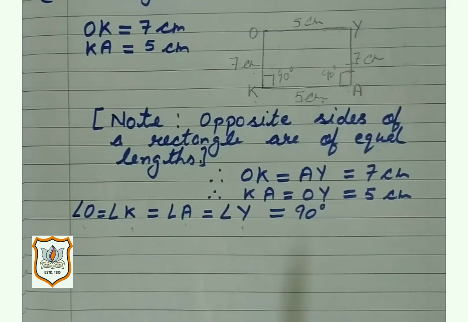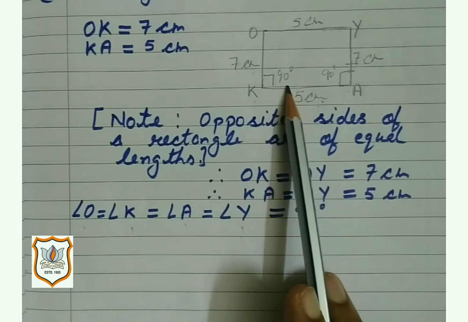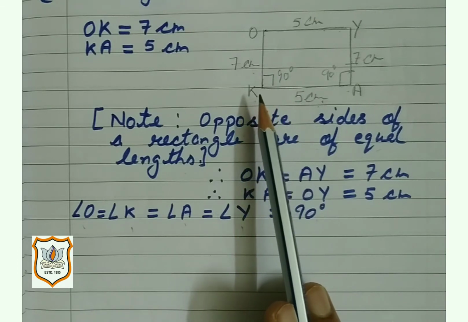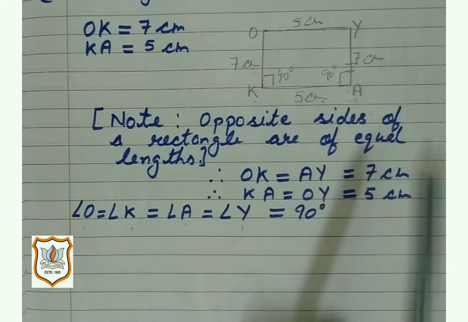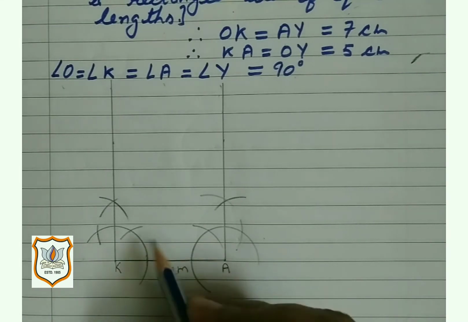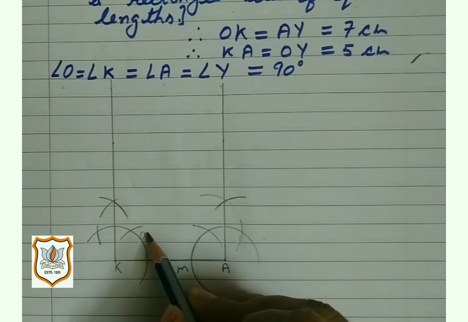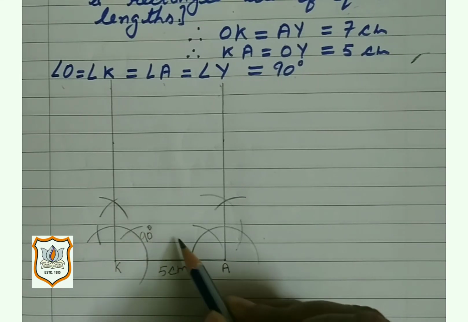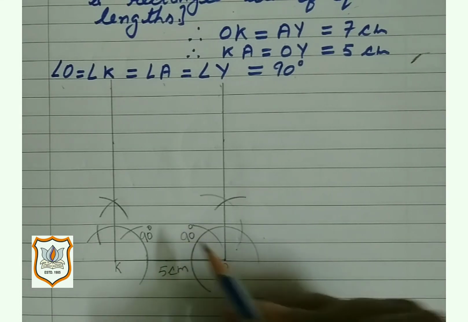Now we will construct a 90 degree angle on both points K and A. Students, you can see here I constructed a 90 degree angle on both points K and A. So we will write here 90 degrees.